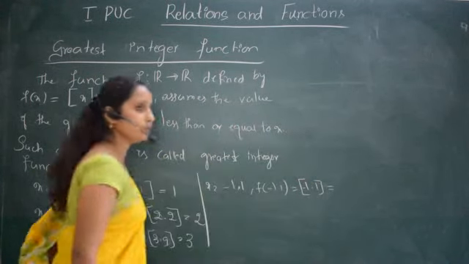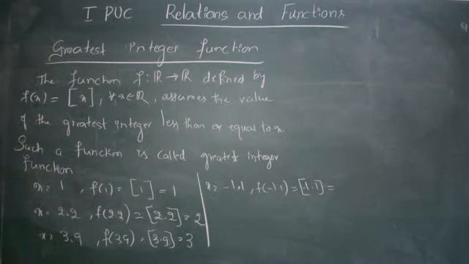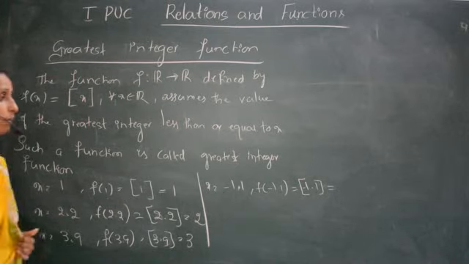Minus 1.1 is not an integer, so we have to go for the integers less than that. When you think about the number line, you will see the integers less than that are minus 2, minus 3, minus 4 and so on; minus 1 is not less than minus 1.1. Which is the greatest one? Minus 2.